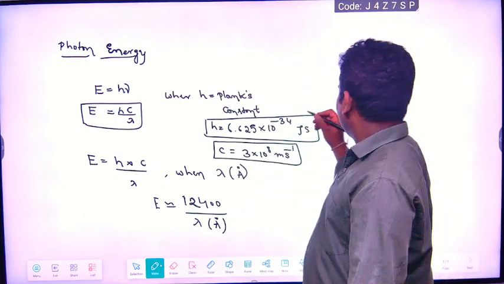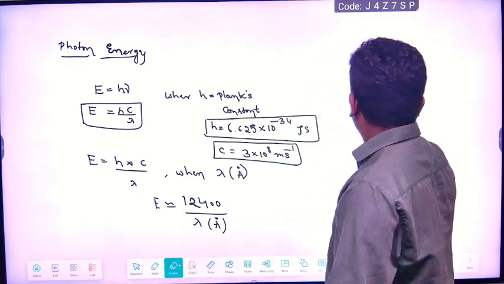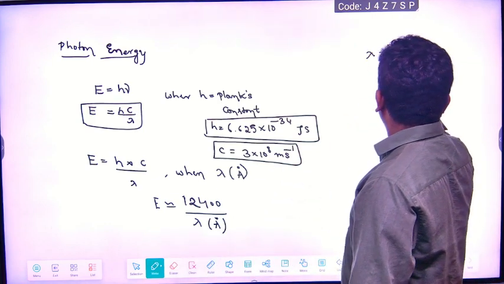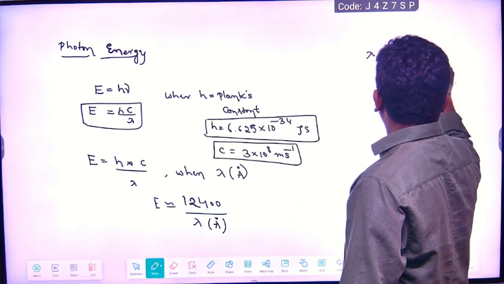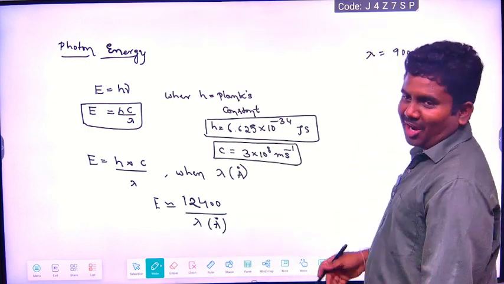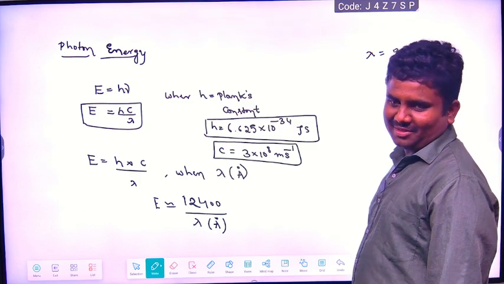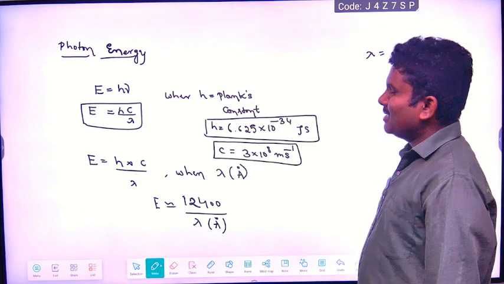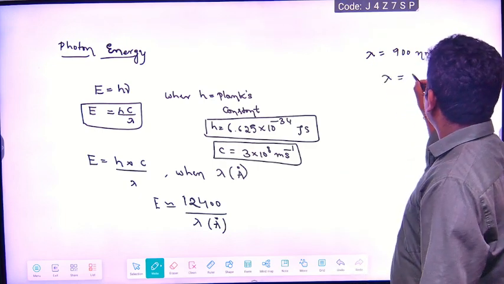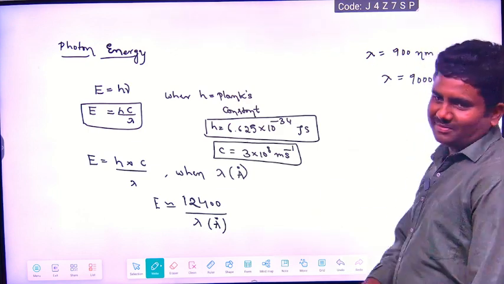For example, if they give lambda as 900 nanometer, how can you make it angstrom? 900 nanometer is 9000 angstrom.